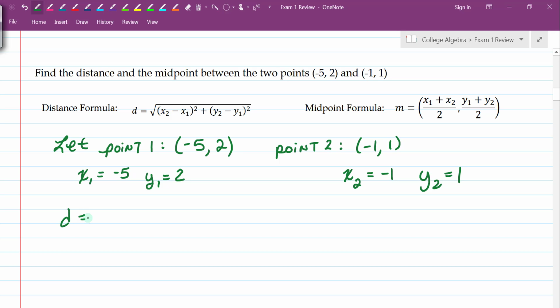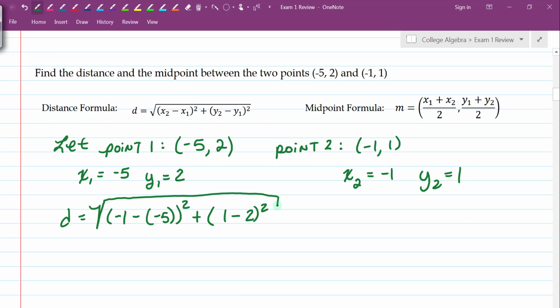D, which stands for distance, is going to be equal to the square root of x2, which is -1, minus x1, which is -5, and we're going to square that. We're going to add to that y2, which is 1, and subtract from that y1, which is 2, and we're going to square that. We're going to carry the radical all the way over. And that is our formula with all the numbers plugged in.